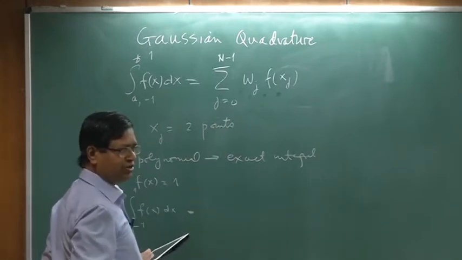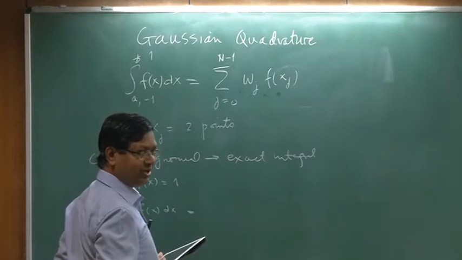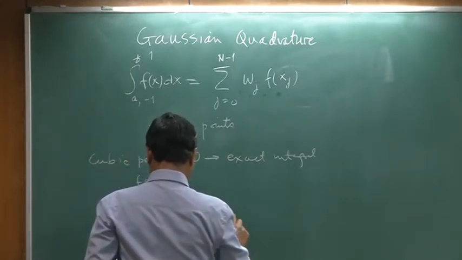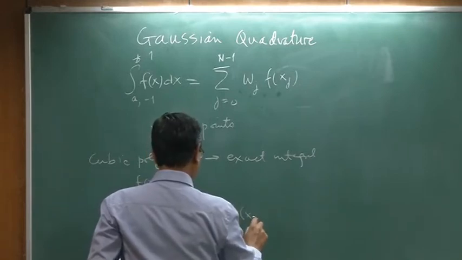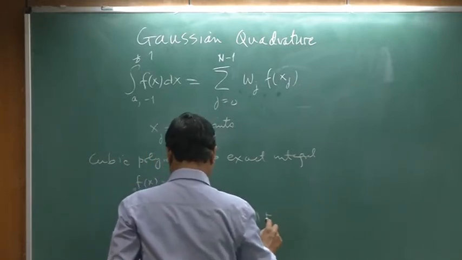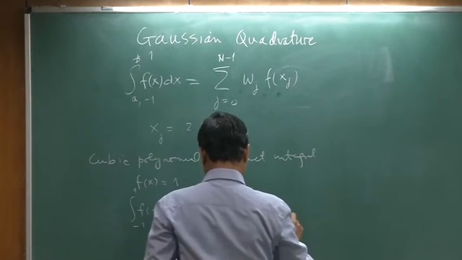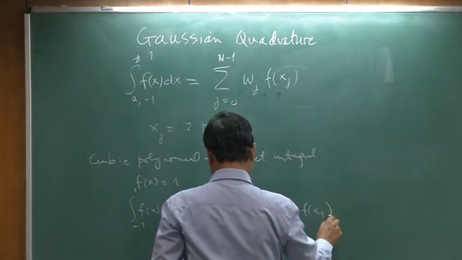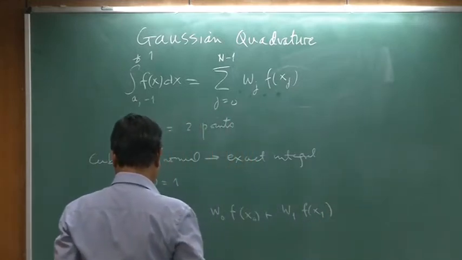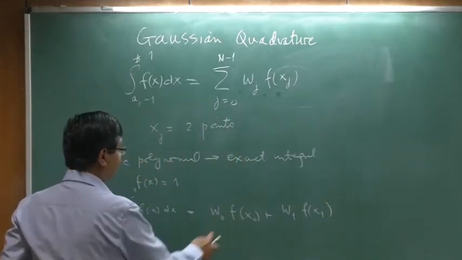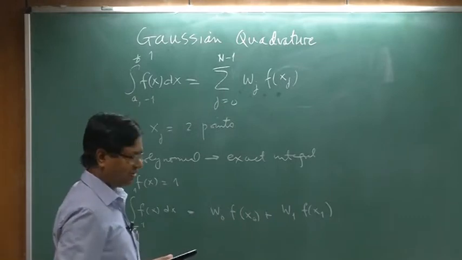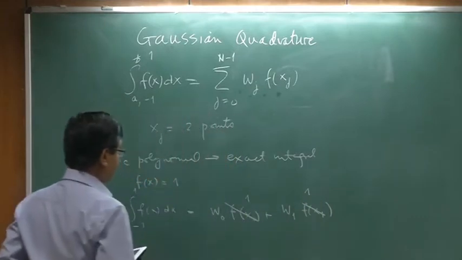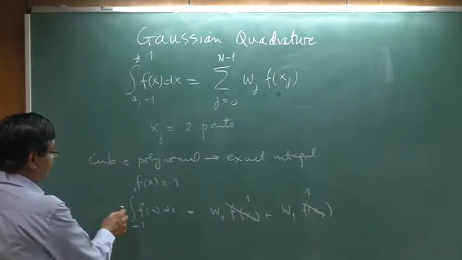So we have 2 w's and 2 x_j's. I have to just write this as w0 f(x0) plus w1 f(x1). Now what is the function f? It is 1, so this becomes 1 and this is 1, and this is totally known.